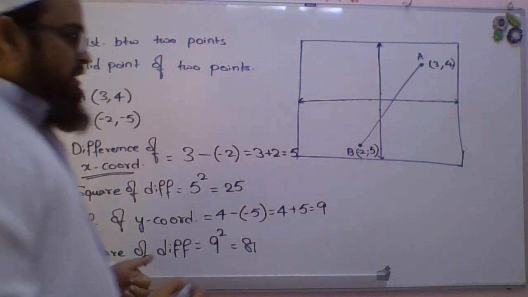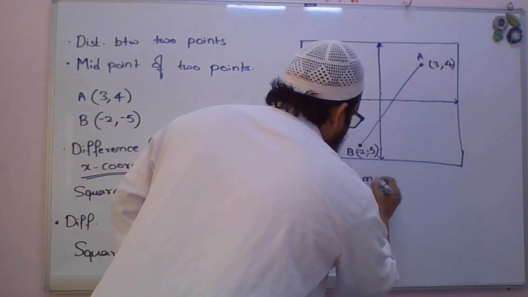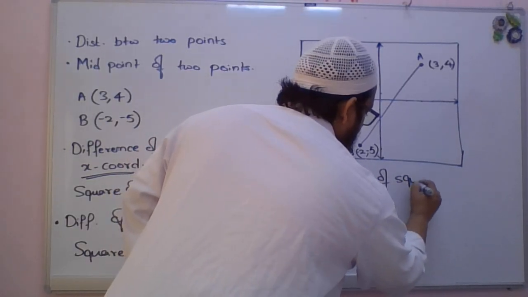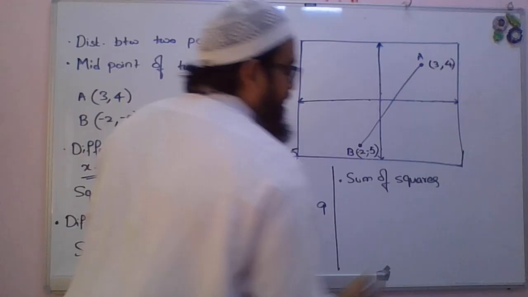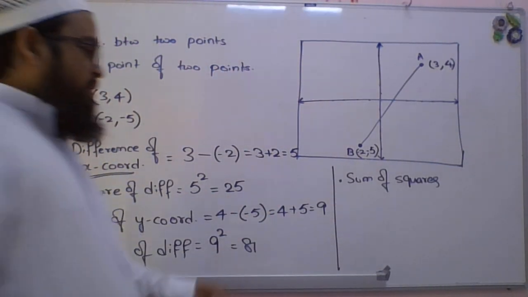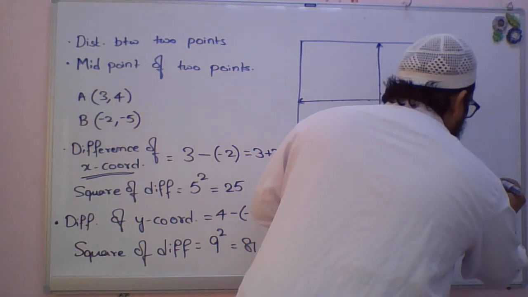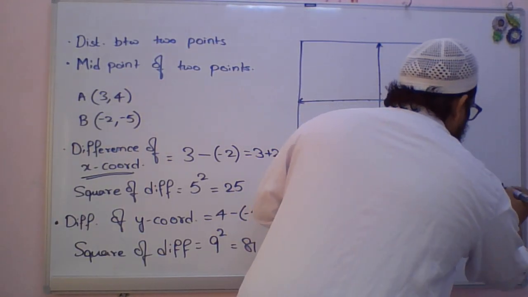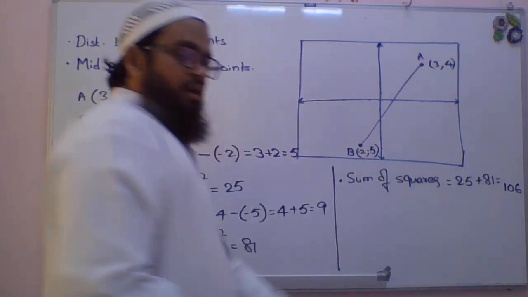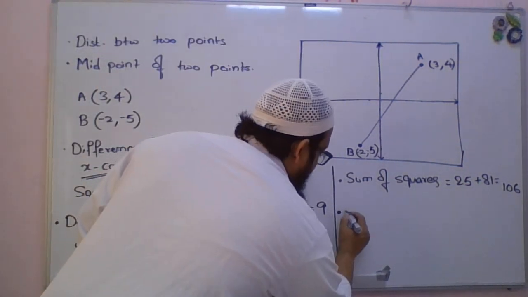What will be the third step? The third step is the sum of squares of the difference of x coordinates and the difference of y coordinates. So 25 plus 81, I think it is 106. Now what is the last step, the fourth step?